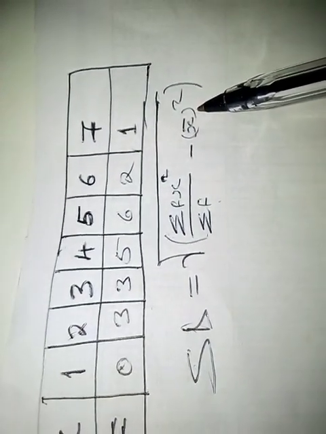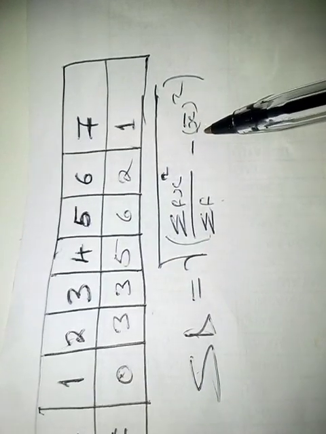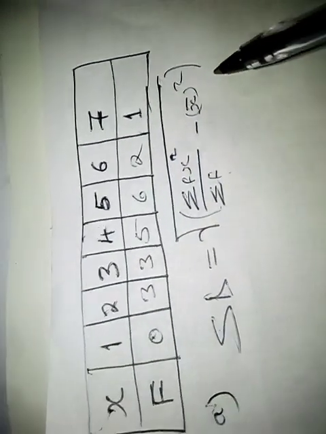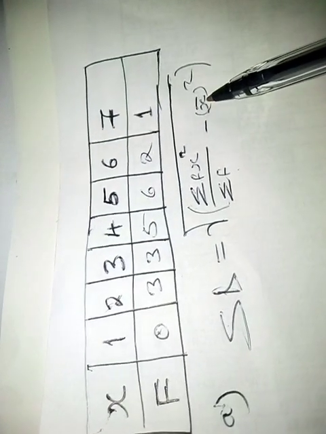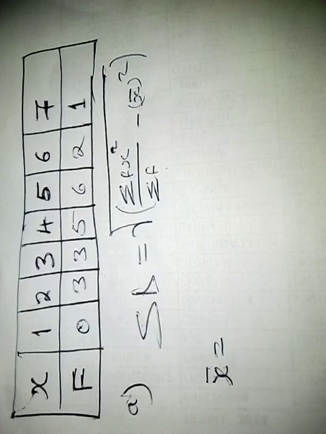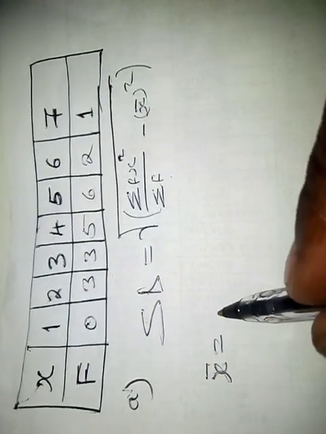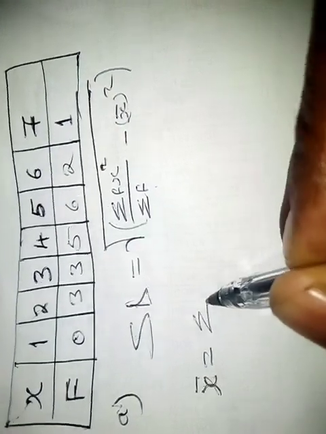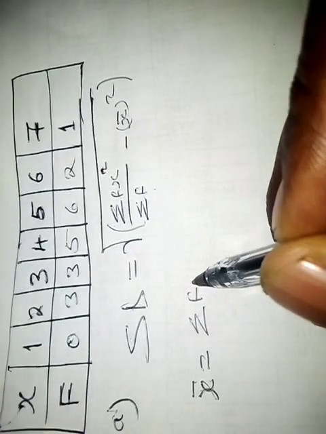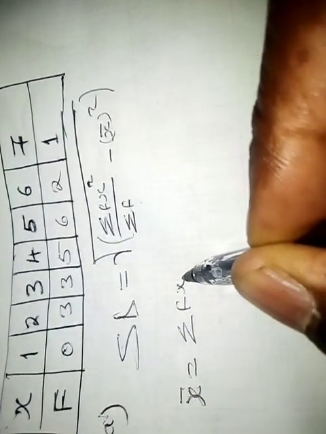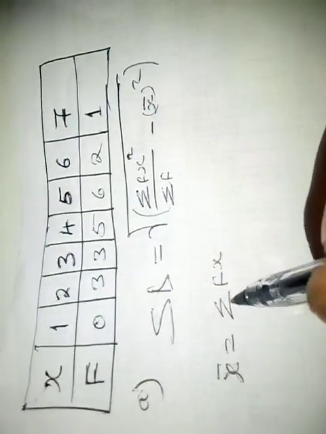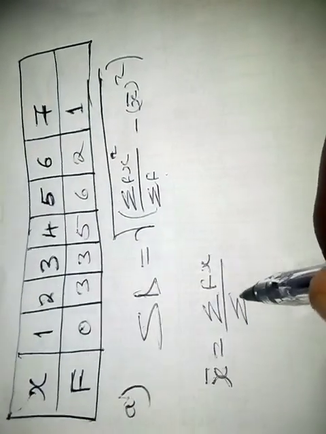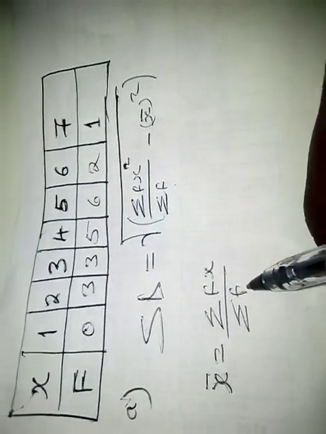So what we do is extract these two things. If you wish, you can say, let me first start by finding the mean, x bar. So x bar is equal to the sum of the frequencies times the midpoint, all over the sum of the frequencies.